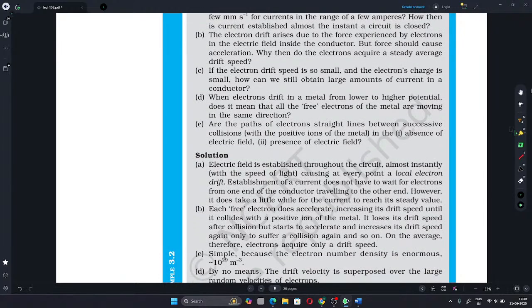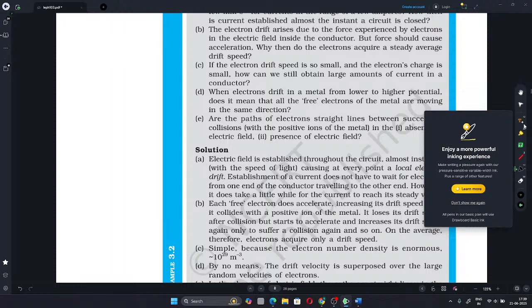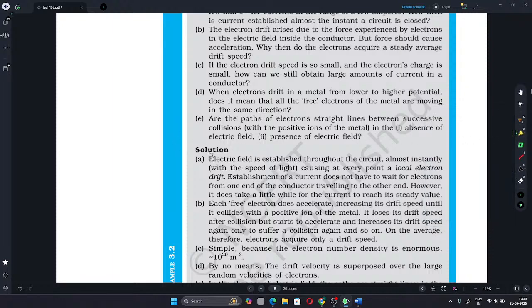Solution: electric field is established throughout the circuit almost instantaneously with the speed of light, causing at every point a local electron drift.